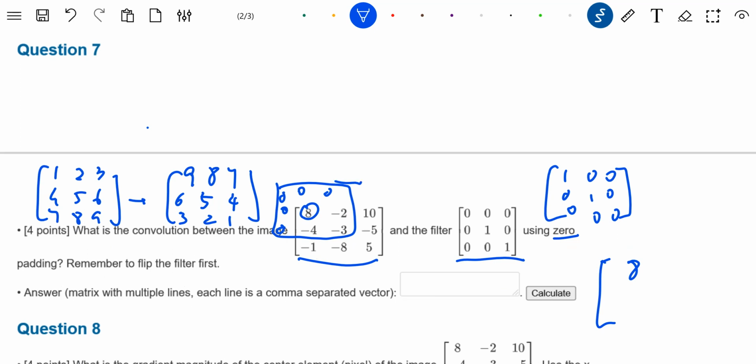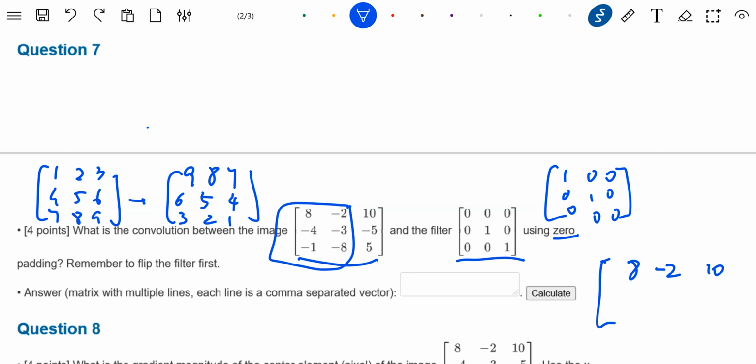Then we move this around, we move it here. And I guess you can see the pattern is just -2 and 10. If you move it on top of the next row, we have a 1 on top here, 1 on top here.